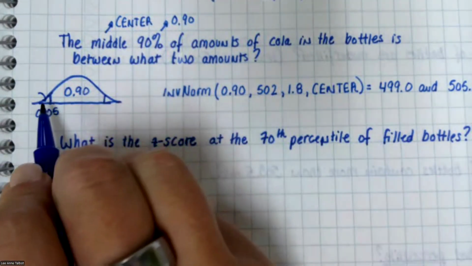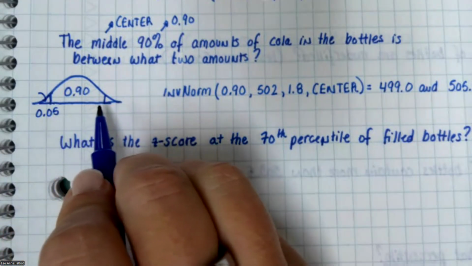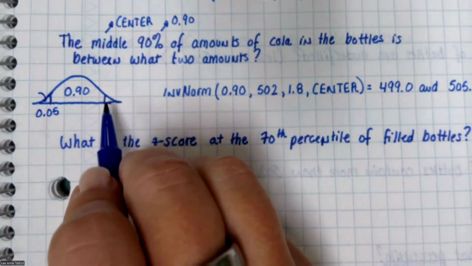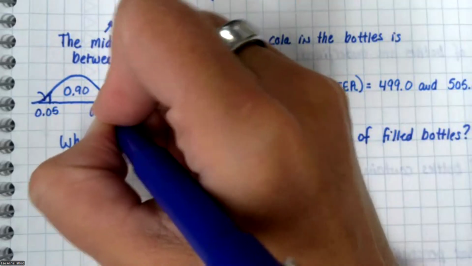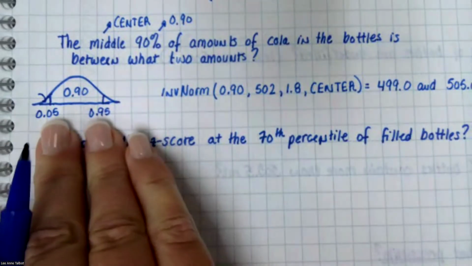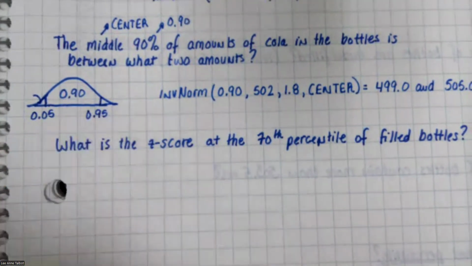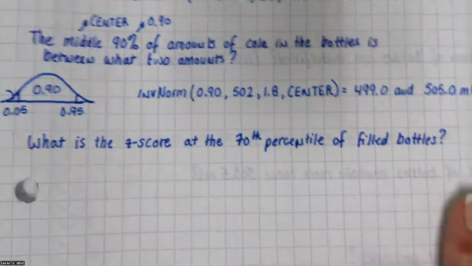And then remember your calculator works left. So what would it be cumulative to here? 0.95. So if you do your two inverse norms, one with this and one with this, then you'll get those two numbers.